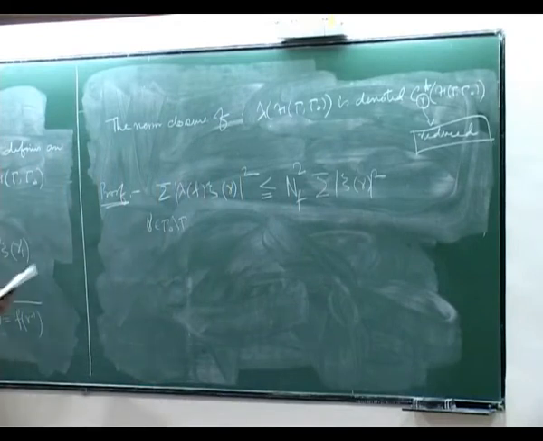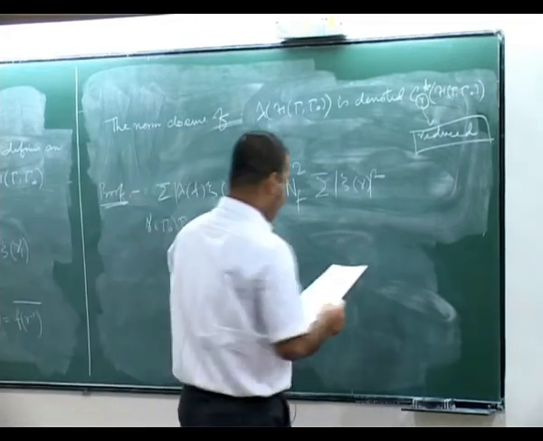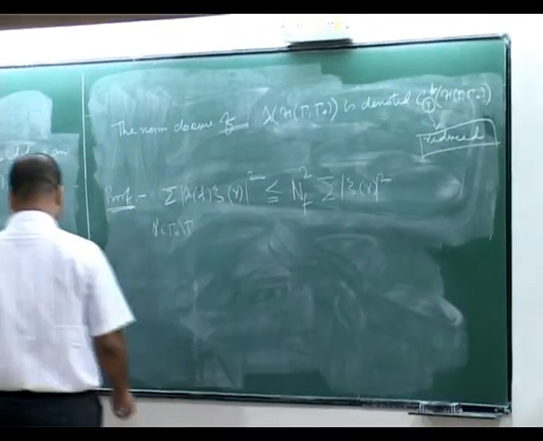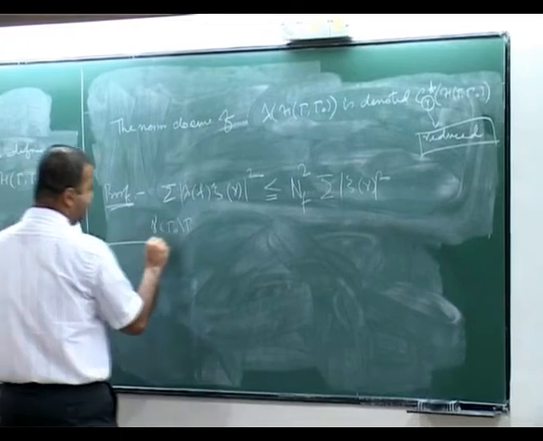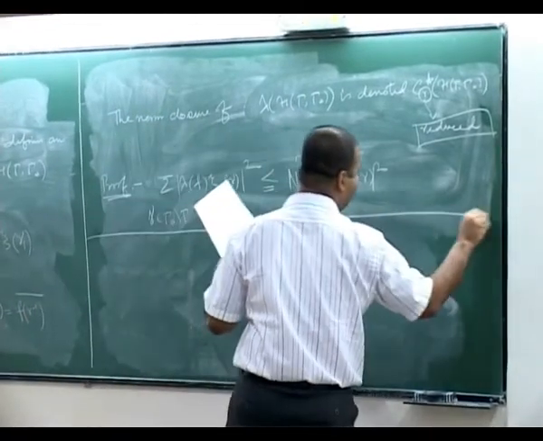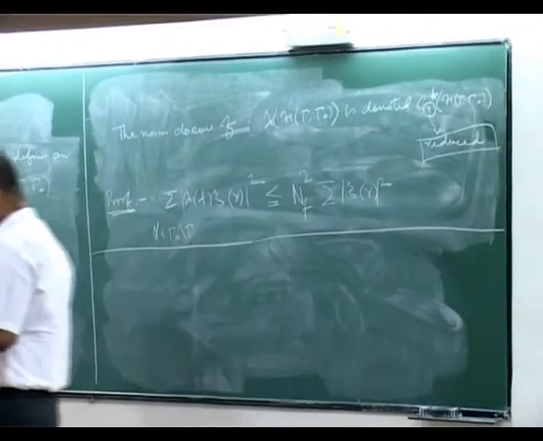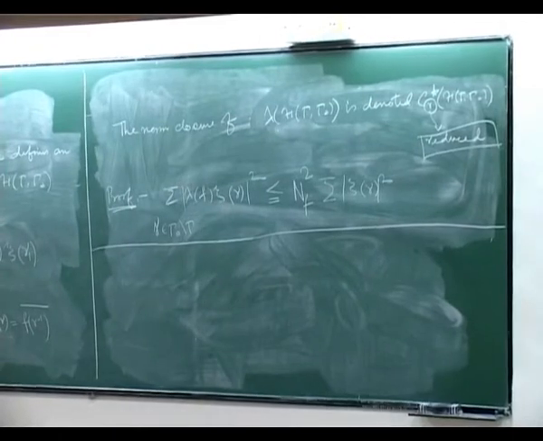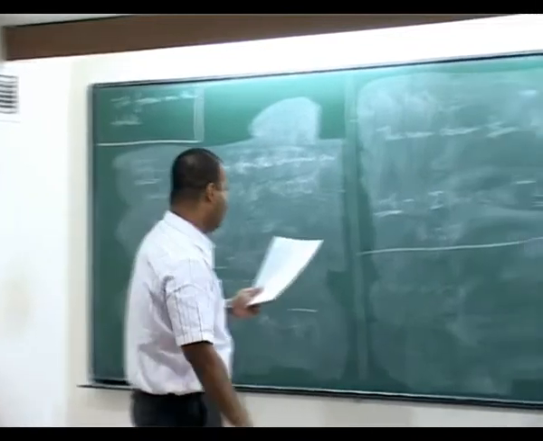Now I will just state this result. I will not define these things. If it is done later on, then probably it will make sense. At this moment, they may be somewhat backwards.